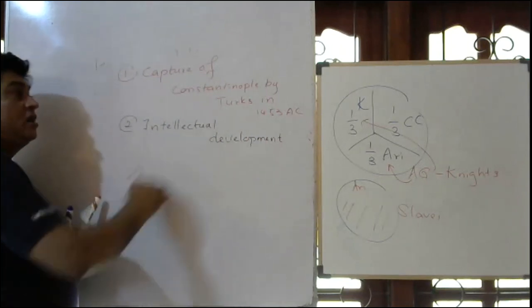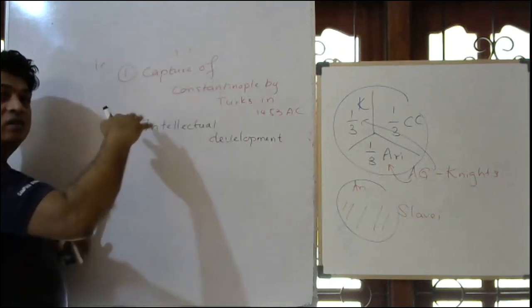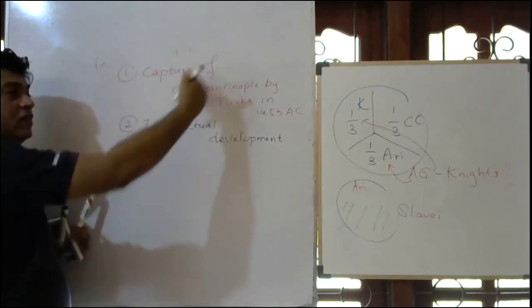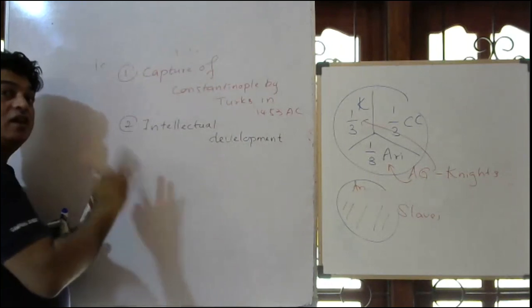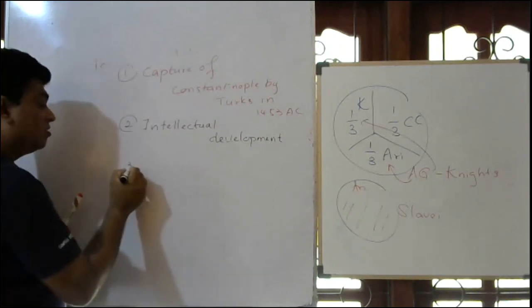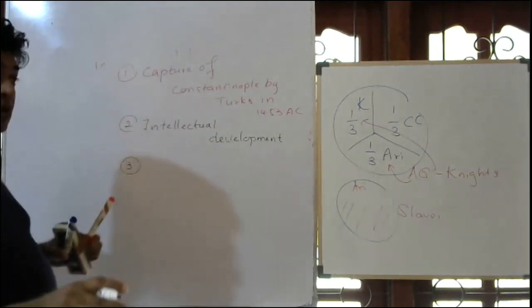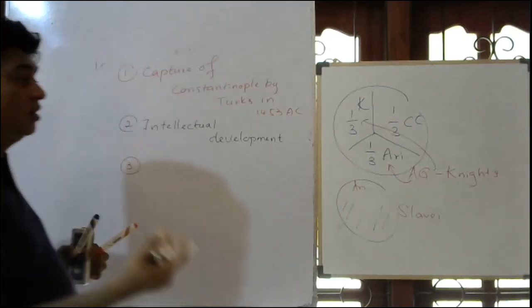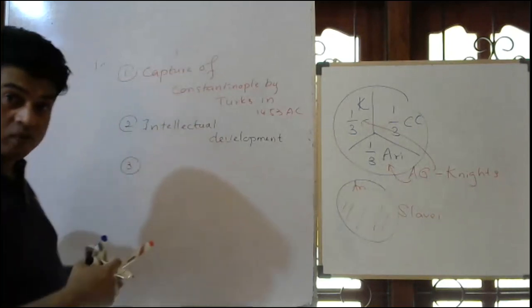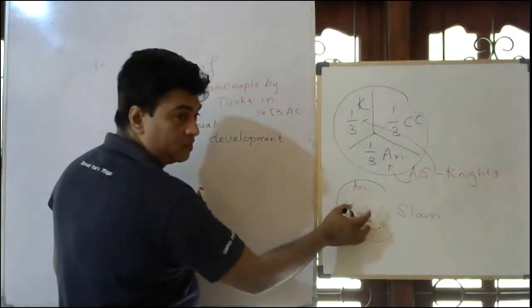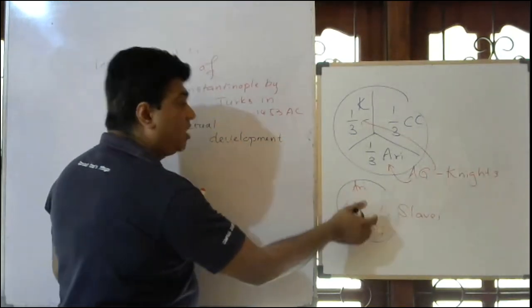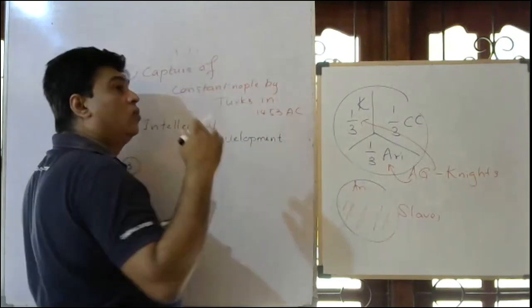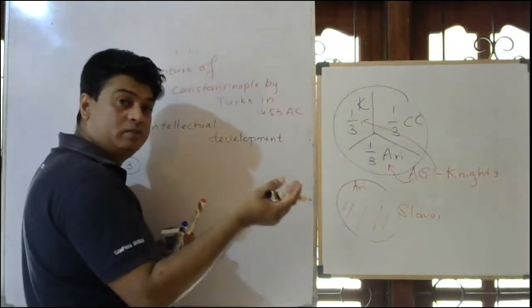Now see, these two reasons are very close. They have a real link, a relationship. The third reason is what? I told you about those who came for the religious war to Constantinople, the people who were living in these lands; they came to go to the religious war against Muslims.